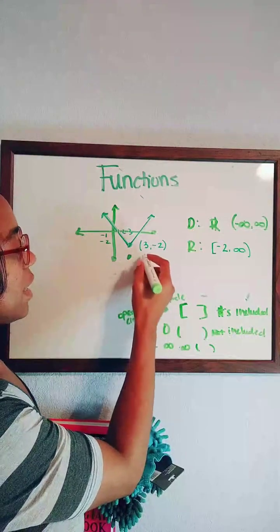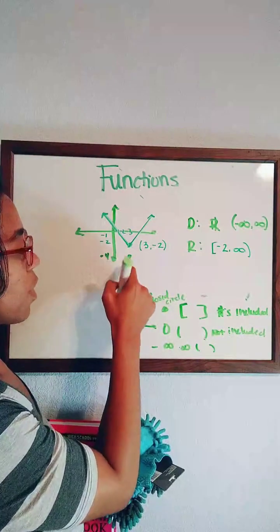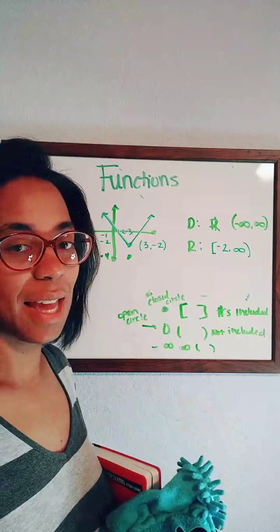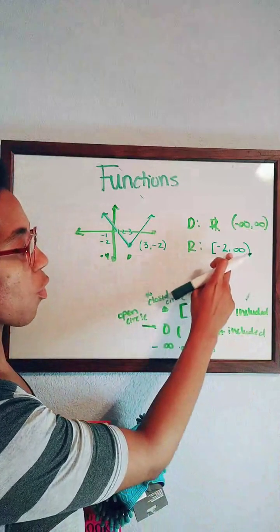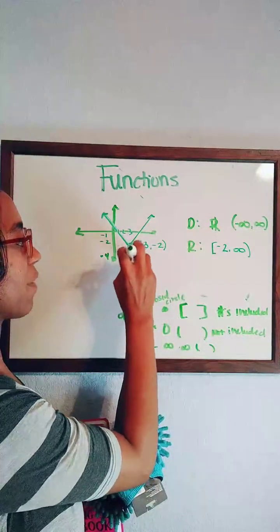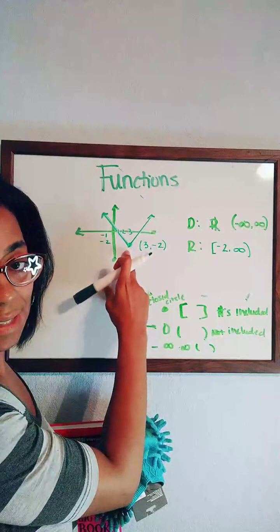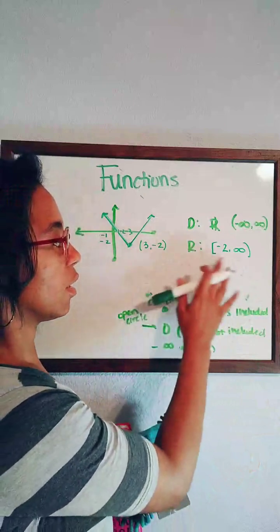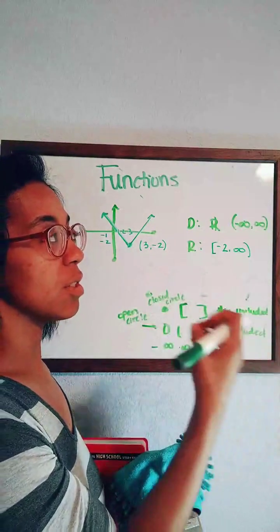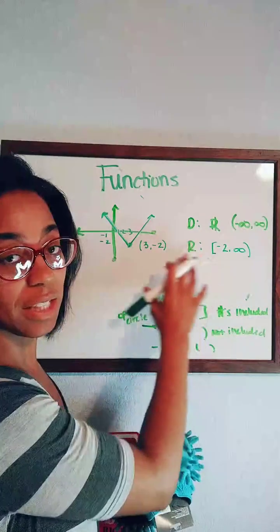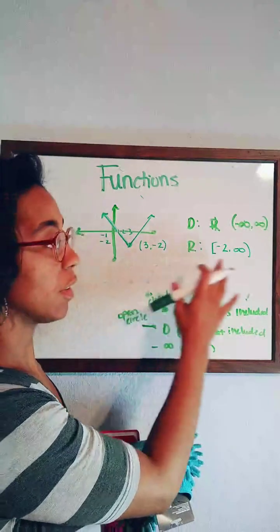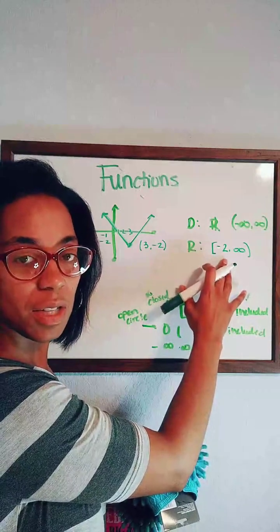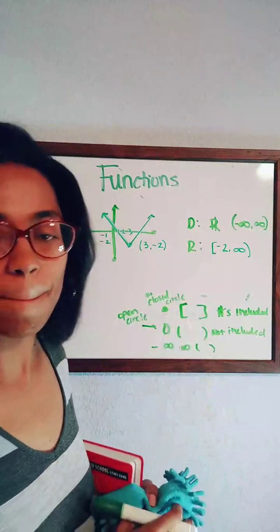Because this would mean that I would have to say like -4, but that's not included. So then I can't say that my range is all real numbers because the graph does not come down past this -2. And we are defining the range as saying these are all the values that this graph covers. The only values for y that this graph covers go all the way down to -2.